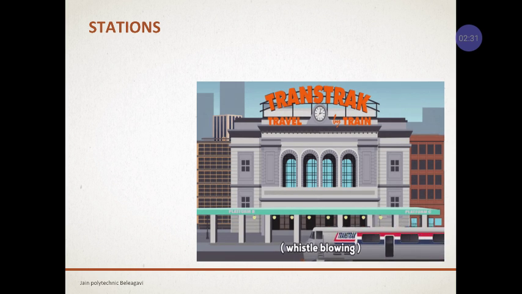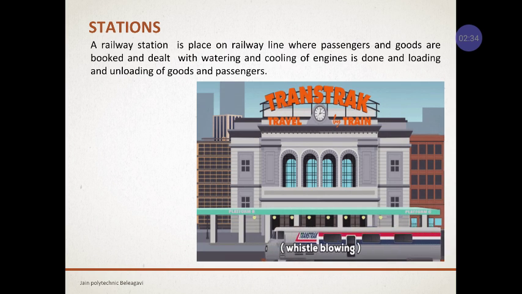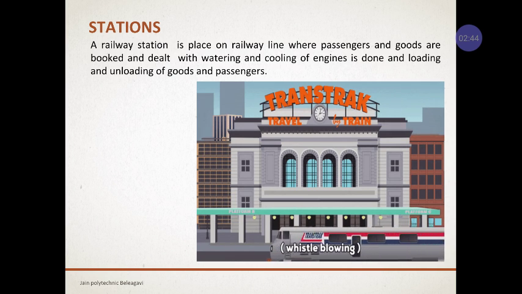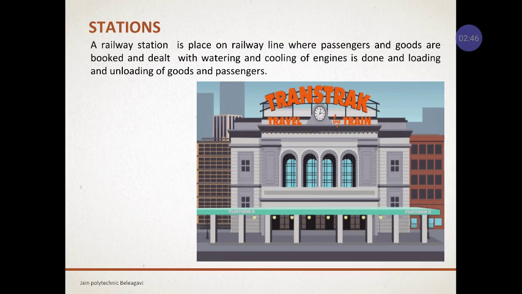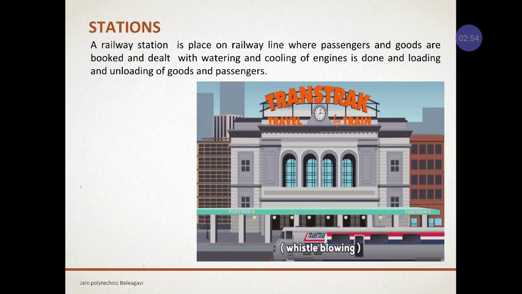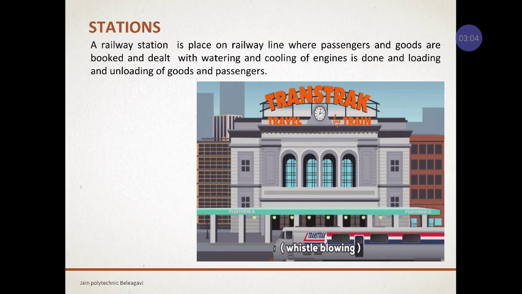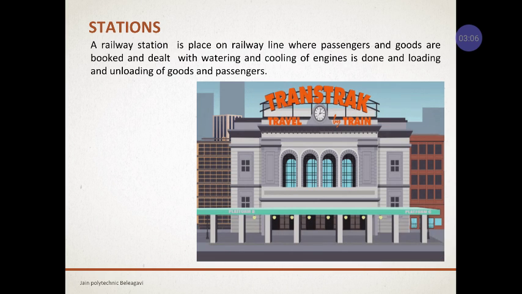If you go by the definition, the book definition: a railway station is a place on a railway line where passengers and goods are booked and dealt with, watering and cooling of the engines is done, and loading and unloading of passengers and goods are done.